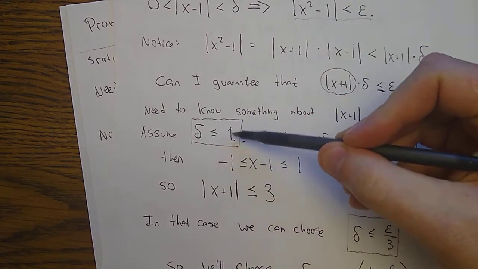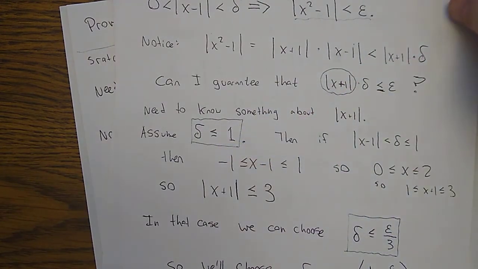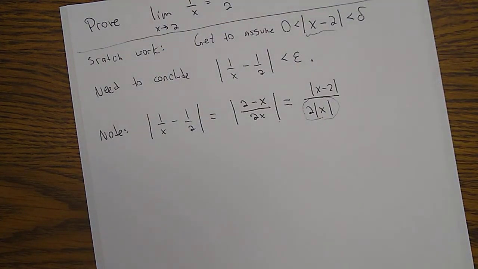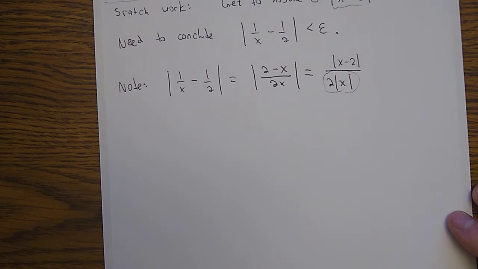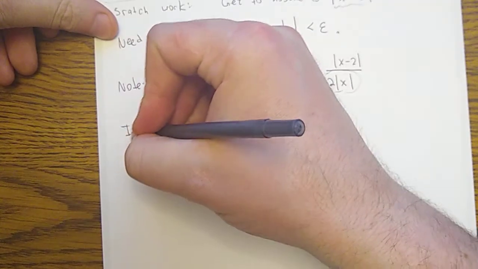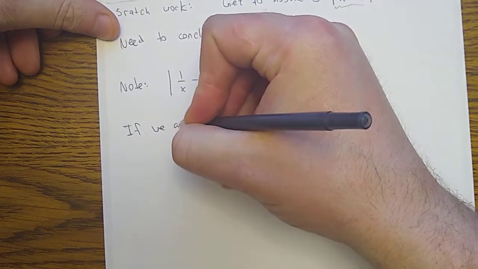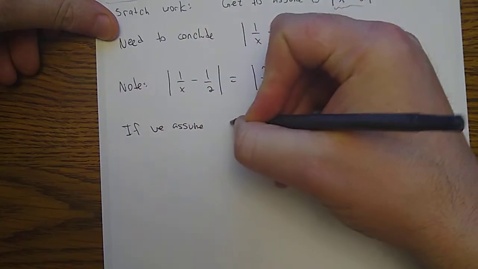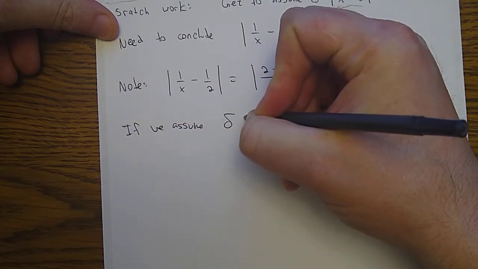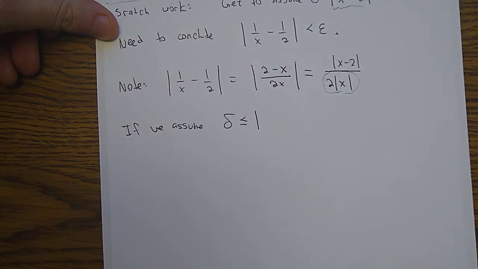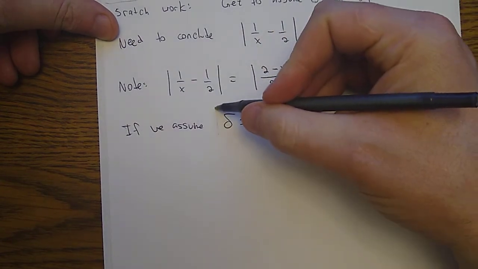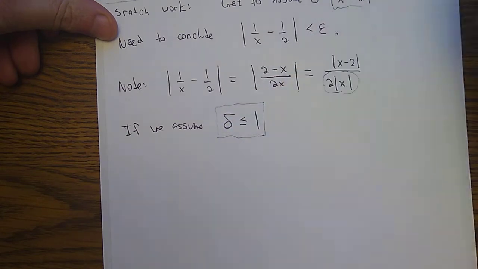We just chose a specific number to declare delta is less than or equal to it, and we didn't put too much thought into it. Why don't we choose 1 again? Say delta less than or equal to 1. Let me put a box around this so I remember that we're assuming that.